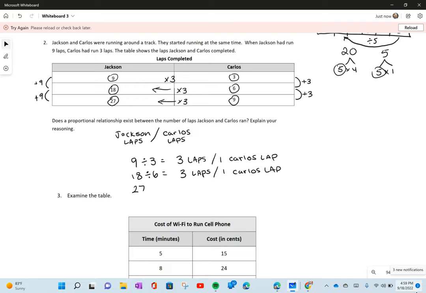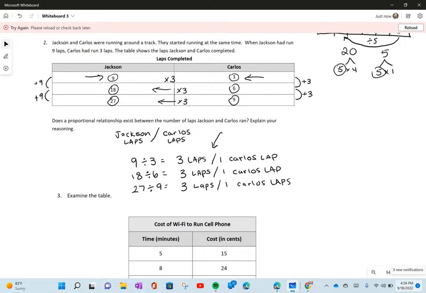And the last one, just to make sure that this is proportional all the way through, if we divide the last 2 values, it equals 3 laps per 1 lap that Carlos runs. So since we get the same unit rate for each pair of corresponding values, which would be like a pair of corresponding values would be the number 9 and the number 3.